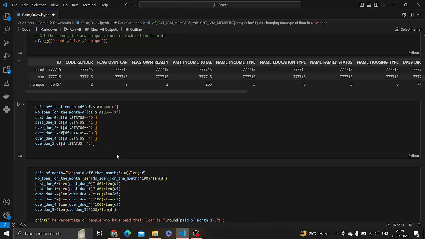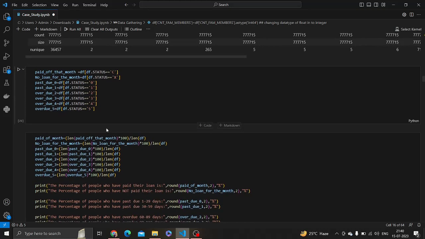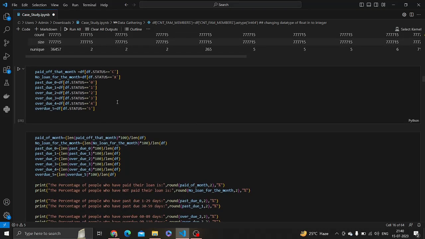Actually, when I'm getting the data from the client itself, they are giving me the description about this C, X, and E. So C is nothing but paid for that month. The particular person who has taken the loan or who has taken the credit card loan, they already paid their loan. Okay, so that is the thing of C. And X is nothing but no loan for that month.